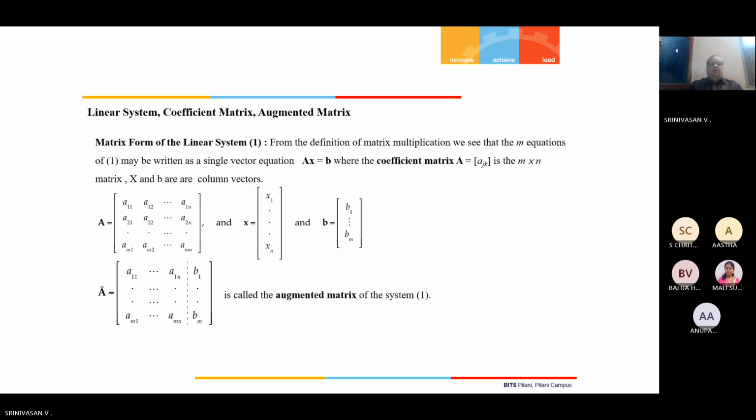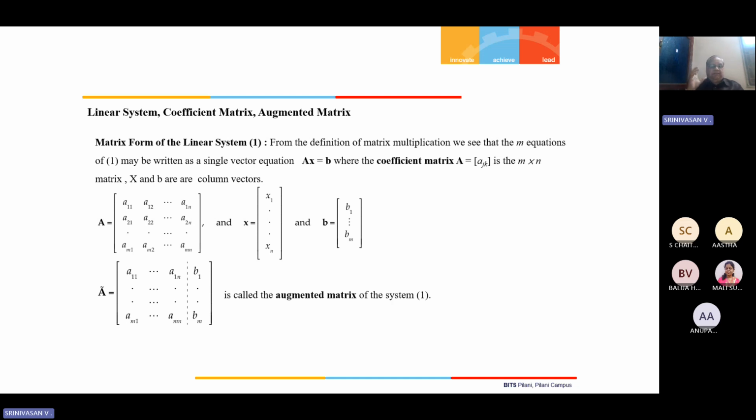Now, this is what exactly we have been talking about. From the definition of matrix multiplication, we see that the m equations we have seen may be written as a single vector equation, Ax equal to B, where the coefficient matrix A, which we normally denote by aij, is the m by n matrix. X and B are column vectors.